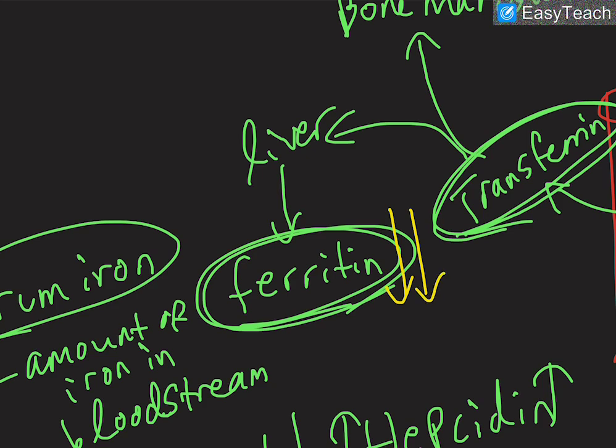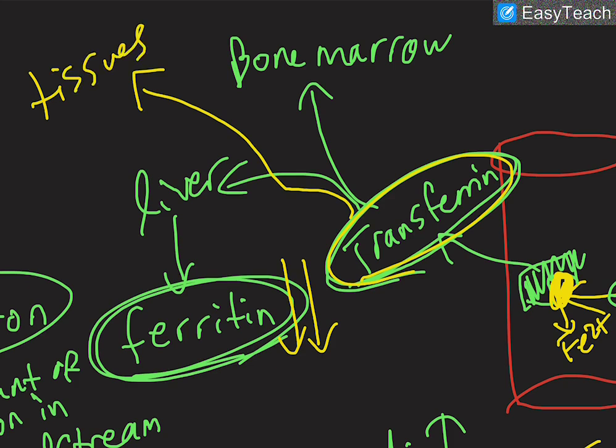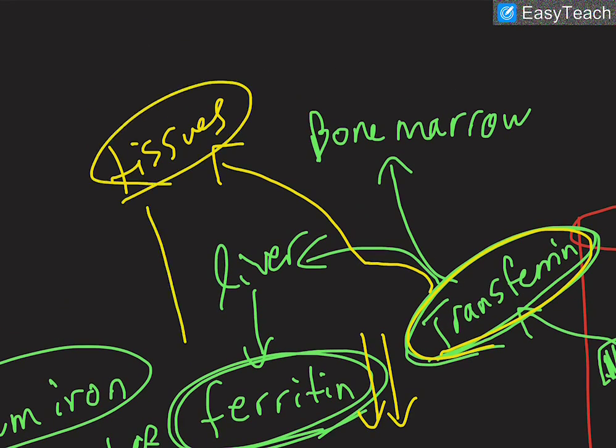If ferritin is low, then wouldn't you want transferrin to be high? You would want transferrin levels to be high in the hopes of bringing iron to your tissues, because that's what transferrin does. If your tissues don't have much stored iron in the form of ferritin, then you want transferrin to bind more iron and bring it to your tissue so that you can have more stored iron in the form of ferritin.